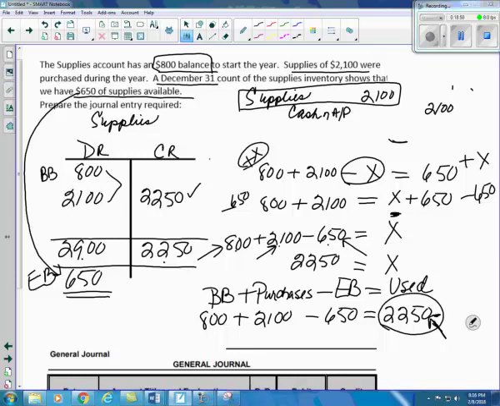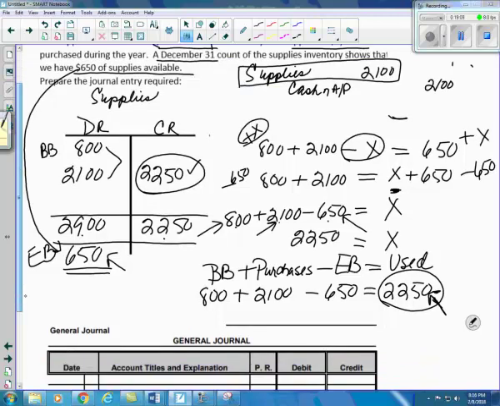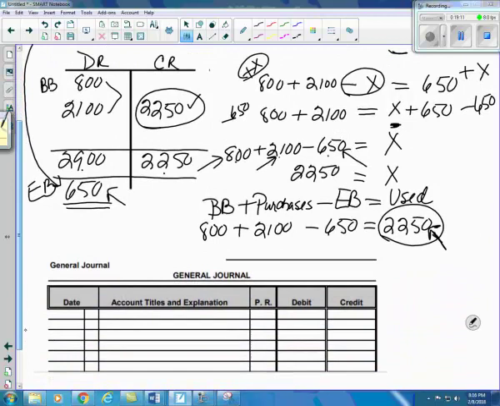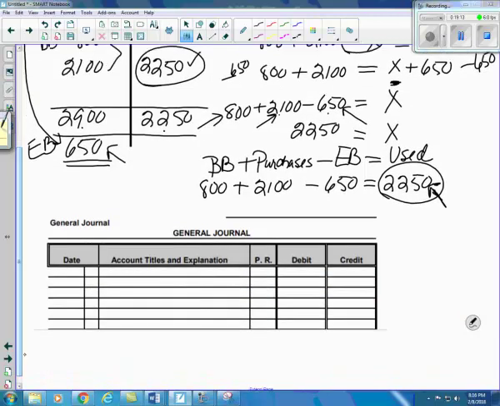We didn't know this number. We calculated it. We put it in our T account to double check to make sure we came out with the correct ending balance. We did. So now we're prepared to do our journal entry. So to state this again, when we use the supplies, we have to recognize the expense according to the matching principle and the expense recognition principle.